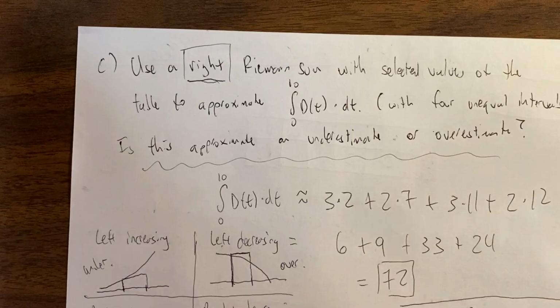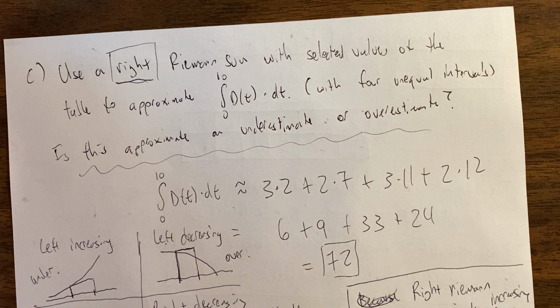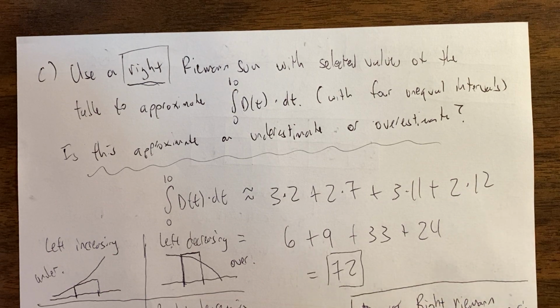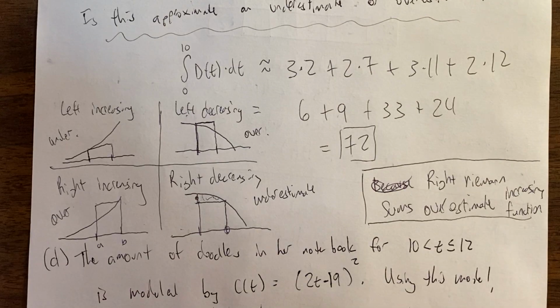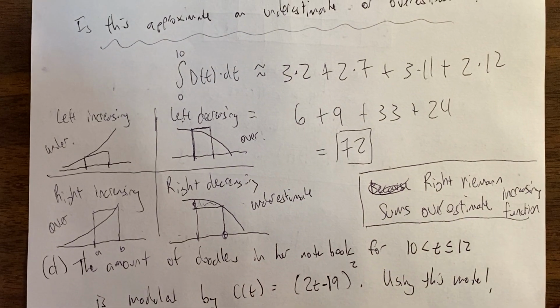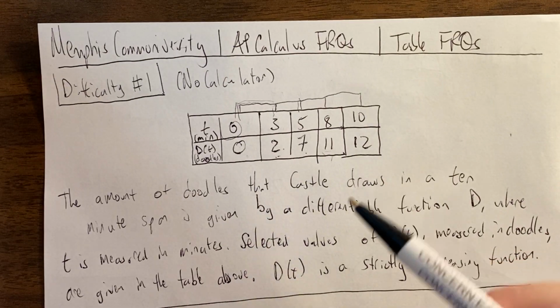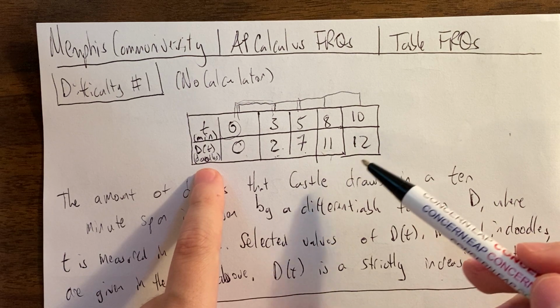And then just make sure that the Riemann sum is not actually the answer that they want. You might take the Riemann sum and do something with it. Either divide by time for average, add the initial for fundamental theorem of calculus, or maybe determine some sort of overestimate, underestimate thing. Eventually, we'll have particle motion questions that are mixed in with these tables. So basically, this row right here will be velocity.